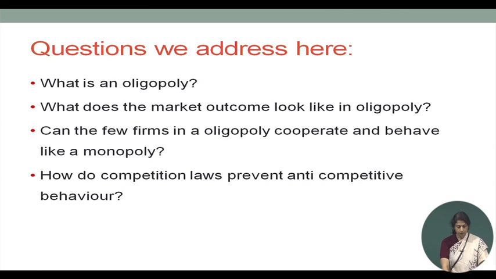So once we have defined oligopoly, we are going to try to find out if there is any unique price and output combination which brings the market into equilibrium, because we have been able to determine price and quantity on the basis of profit maximization objective of the firm in the other cases of market structures that we have discussed so far.